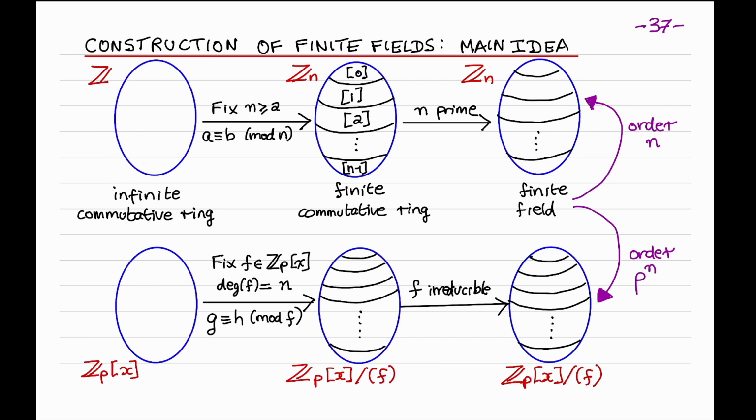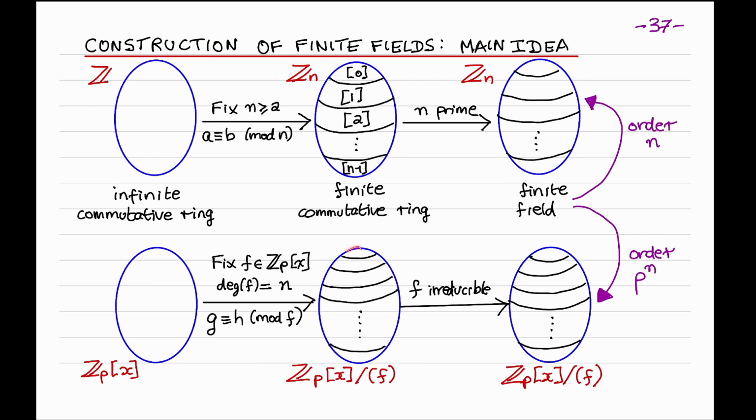This equivalence relation divides the infinite set of polynomials into a finite set of equivalence classes. And I'll denote the set of equivalence classes by Zp of x modulo f. This notation is meant to be analogous to the notation of the integers modulo n.